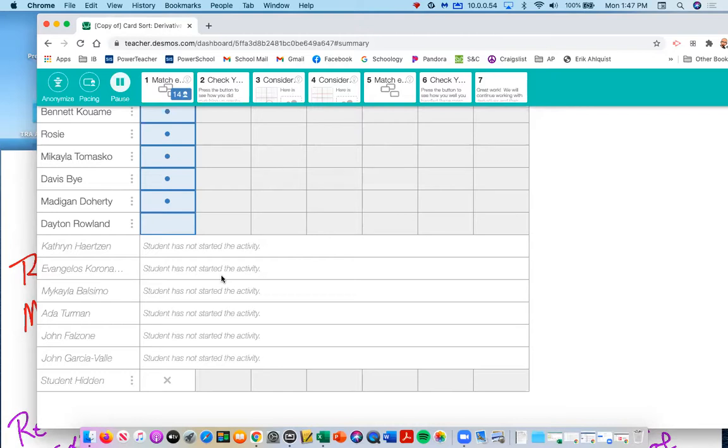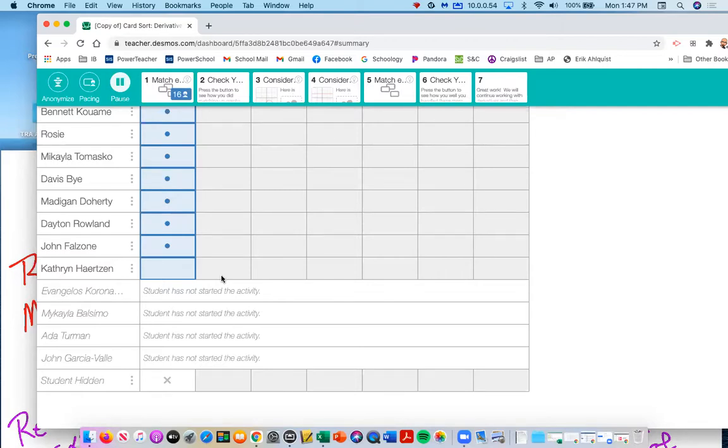Okay, so I'm going to get you started on this, because we've got a half hour, and you can get relatively far. If you get stuck on the directions, let me know, and I'll come in and explain it to you. Most of it is matching up the derivative graph with the function graph.